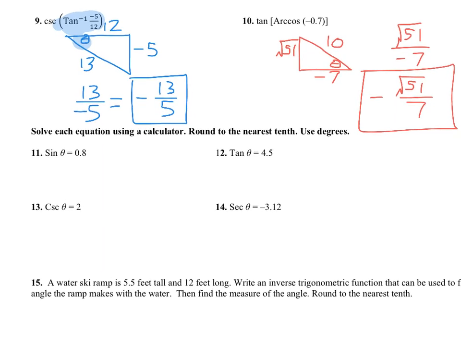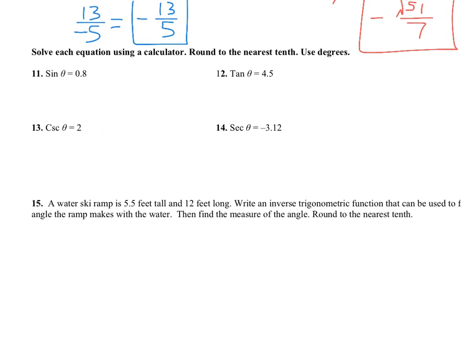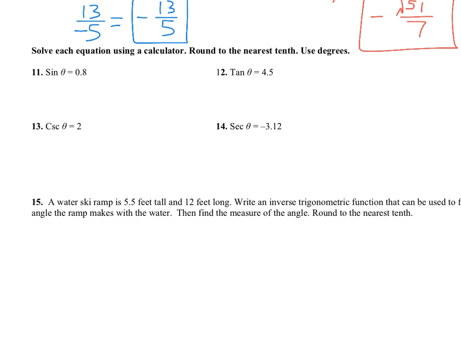And now for the rest of the notes, you can use a calculator. Alright, so to find the angle where sine equals 0.8, you're going to type second sine and then 0.8. So on your calculator, you're going to type the button second, then hit sine, and you should see this, and then put a 0.8 inside.